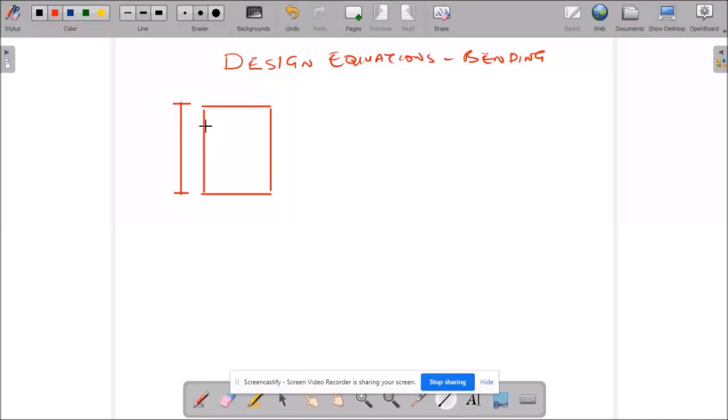We will consider the effective depth from here up to where the reinforcement extends to. We'll consider our D prime here. We also draw our strain diagram.